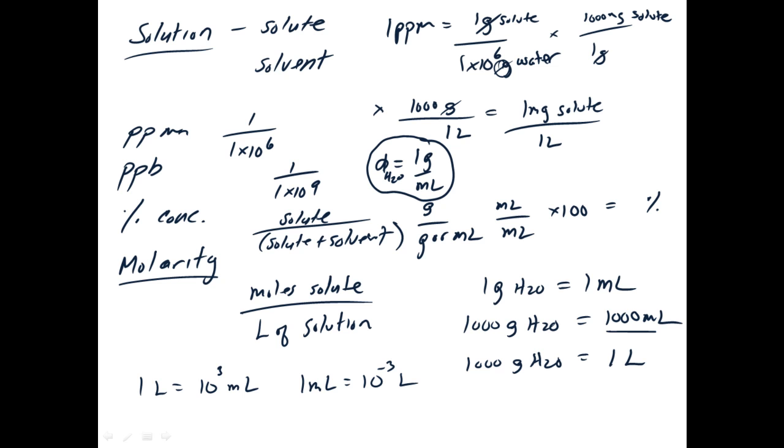All right. Part per billion, again, is 1 gram of solute per 1 times 10 to the 9th grams of solvent, or in this case, water. All right, so what do you do with these things? Well, you can do conversion factors.